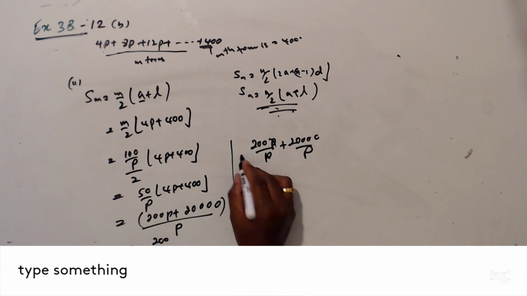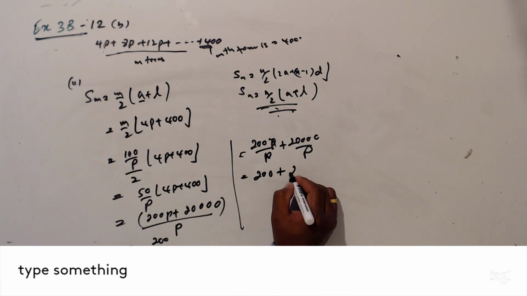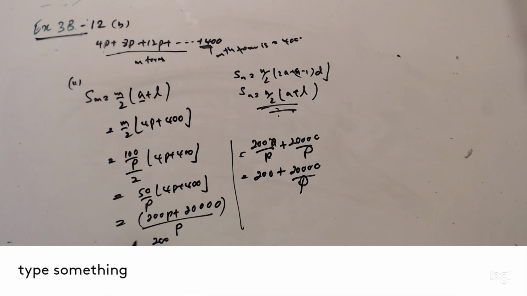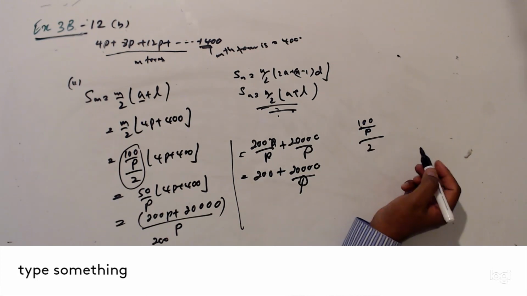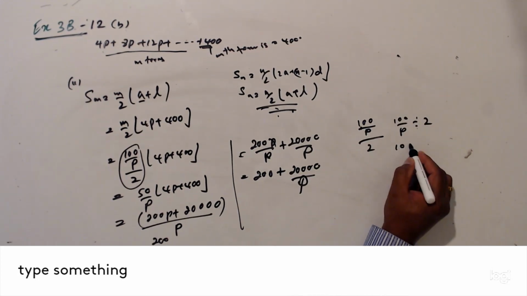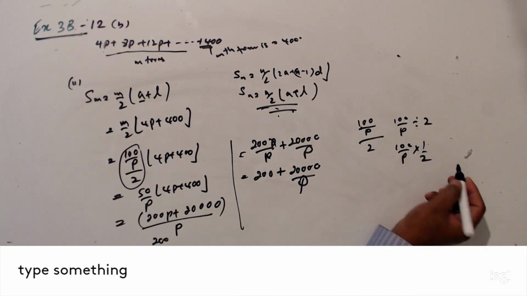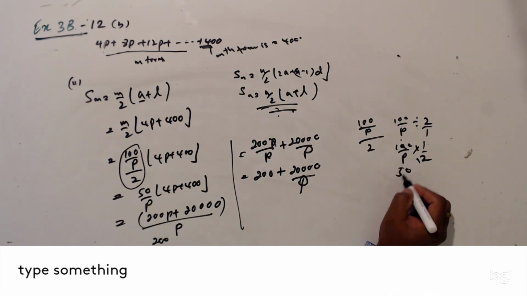The p and p cancel out. So 200 plus 20,000 over p. And here 100 over p divided by 2, that is 100 over p multiplied by half, so this is 50 over p.